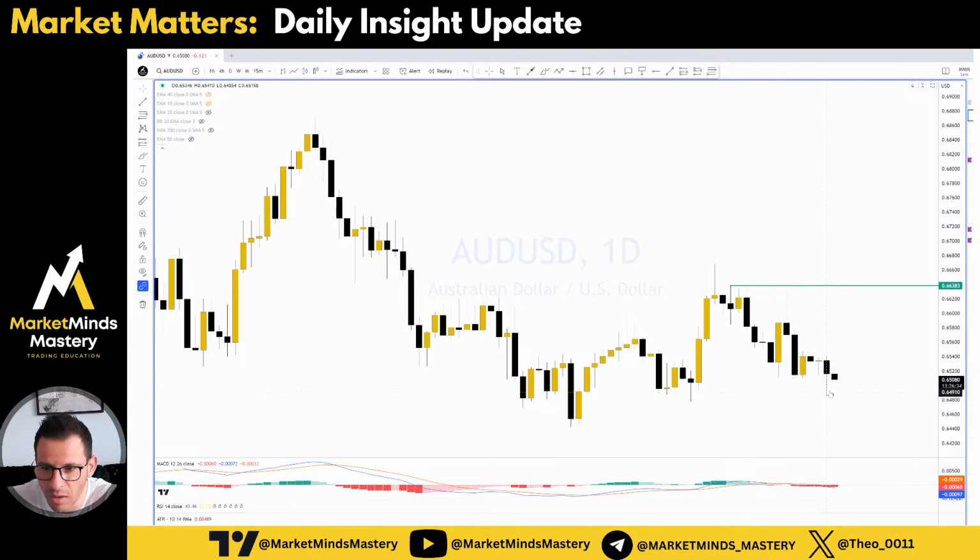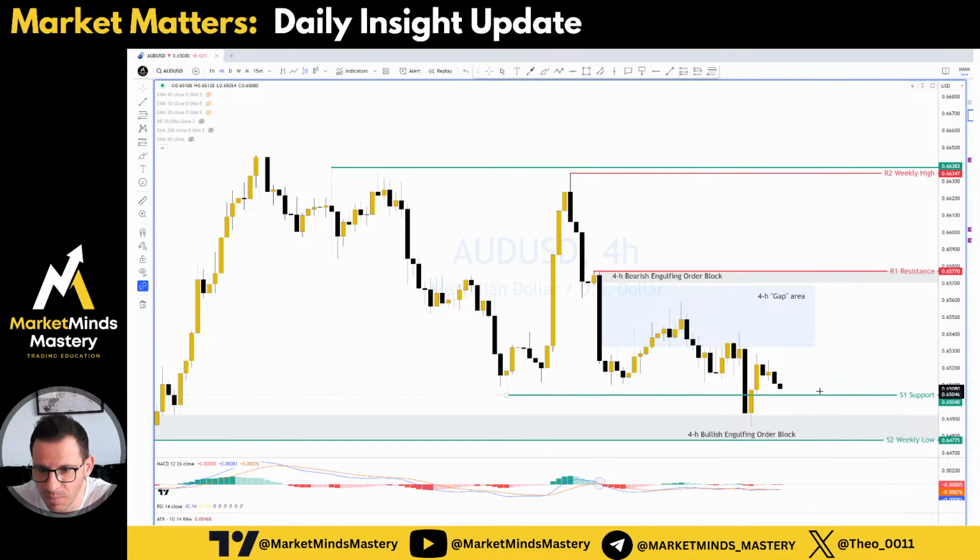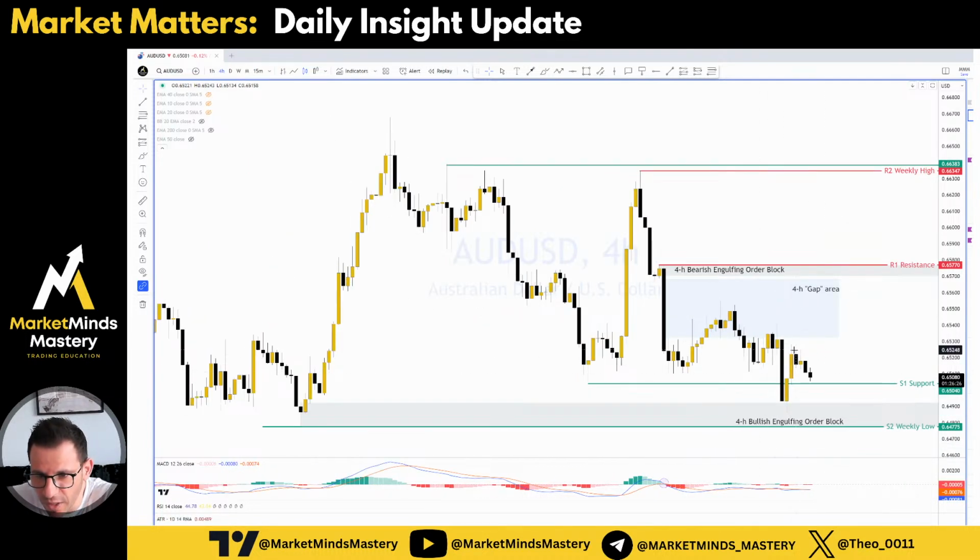It fights around its support. Now if it's going to break it today, I don't know, but as per the 4-hour time frame, if the market was about to move higher, it shouldn't stay for a long time below this bearish engulfing order block here. Okay, so after the buyers stepped in, it should have pushed higher.